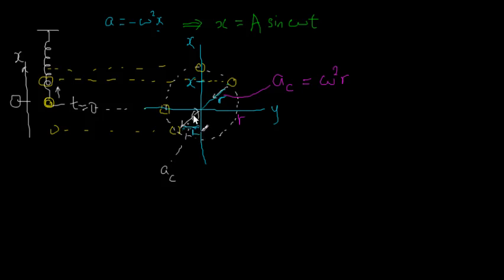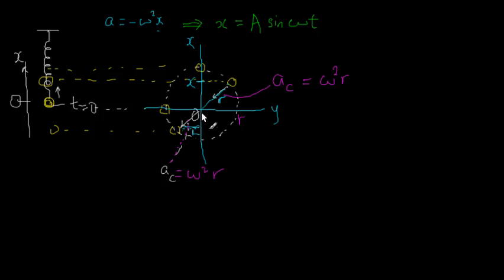Now I know what AC is. I know what this length is. I know that AC is omega squared r. So the AC here I know is omega squared r.